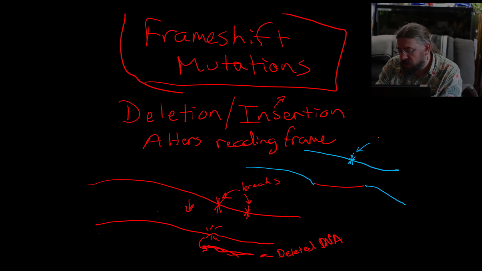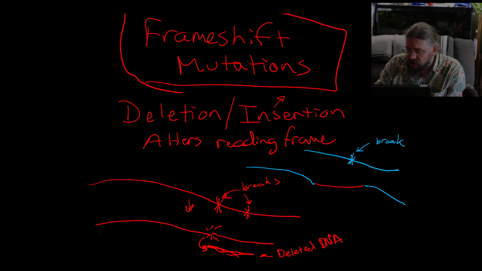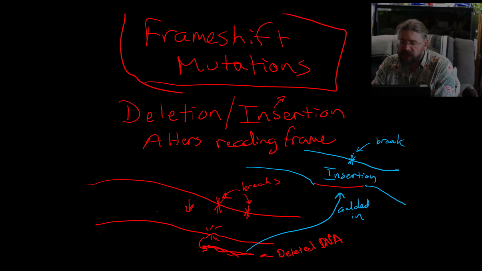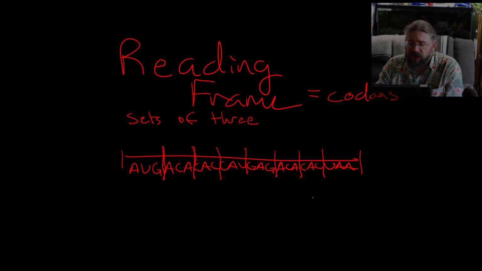So we have a break, and then our deleted DNA gets added in. So this is an insertion. So either a deletion or an insertion occurs, and it alters the reading frame.